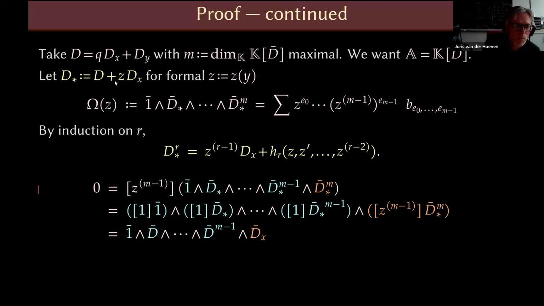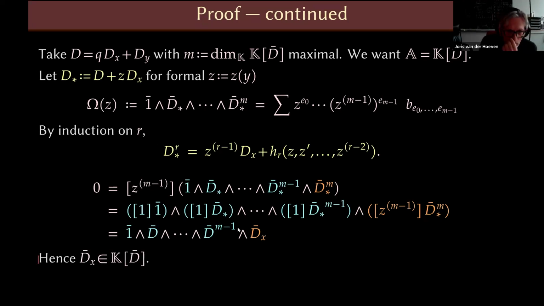If we take the part in d star that does not depend on z, it basically means that we set z to 0, so it becomes just d. So this one is just 1, then d, and so on until the ones that we have here. And by what we have seen here for r equal m, if we take the coefficient of this thing in here, we just get the dx.